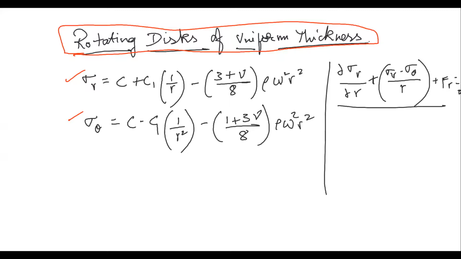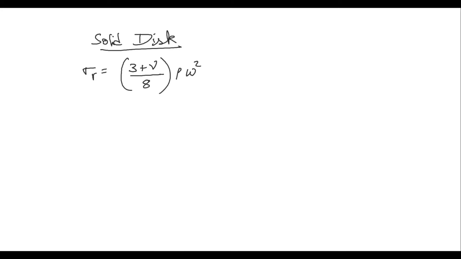Then the next case is the solid disk. For this case, the stress values for a solid disk are: sigma r equals (3 plus Poisson's ratio) by 8 into rho into omega square into (b square minus r square).